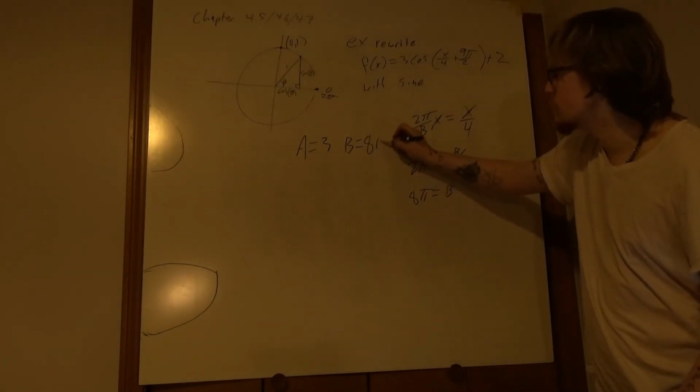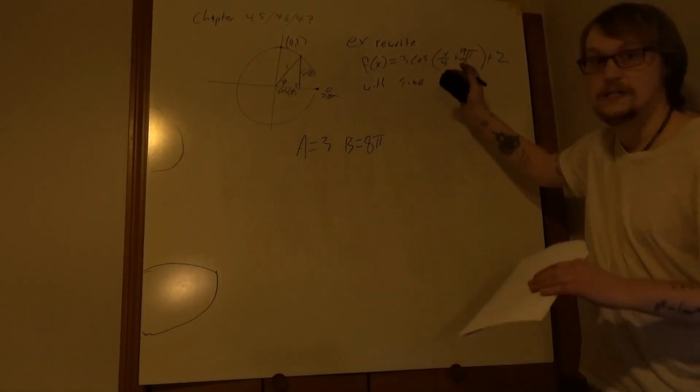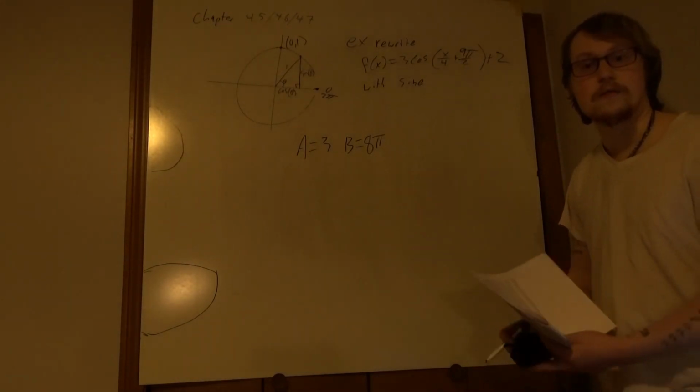So we know that b is going to be 8 pi. And what that tells us is that this function has a period of 8 pi rather than 6 pi.